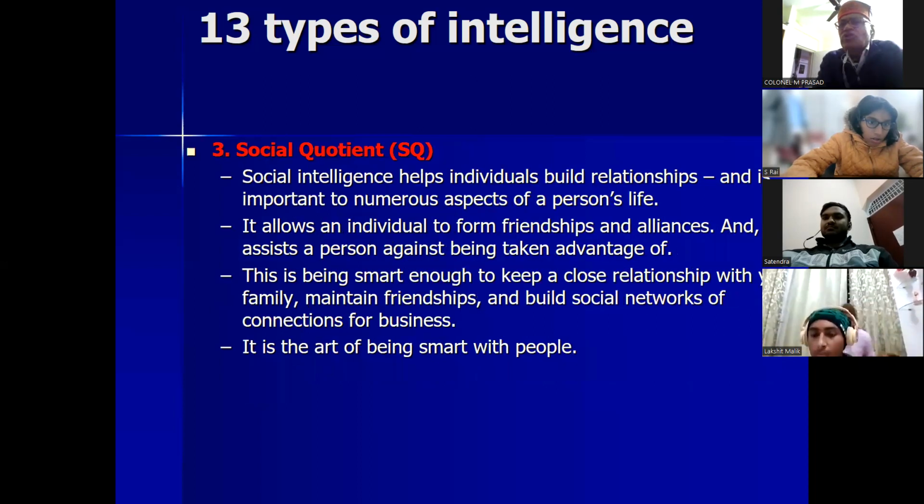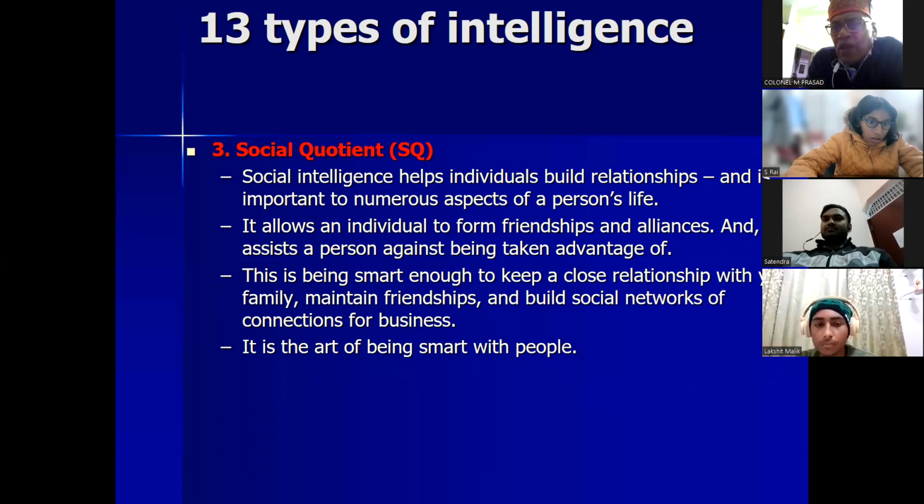Okay. Next is called social quotient. You remember, just now we were talking about social adaptability, one of the qualities being checked in SSB. Social intelligence or social quotient is a part of that. What is that?